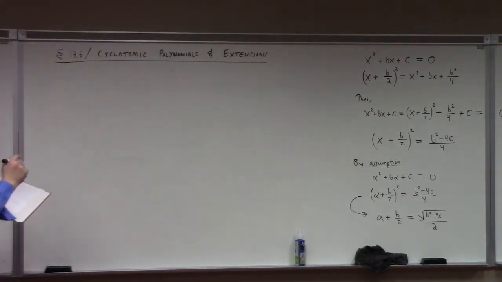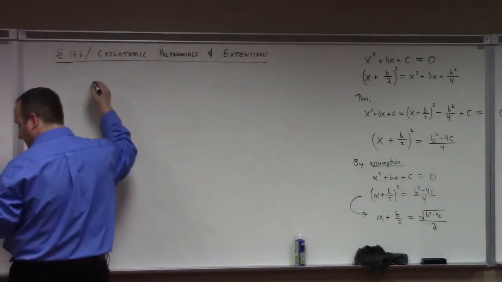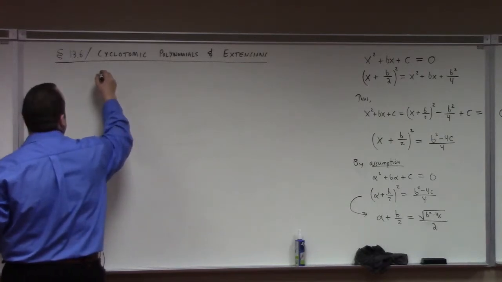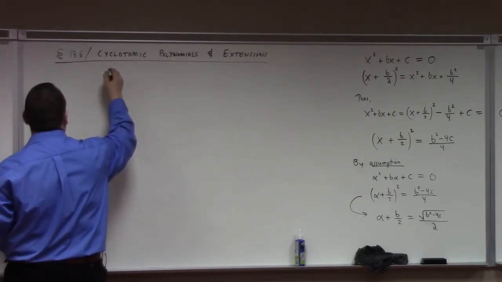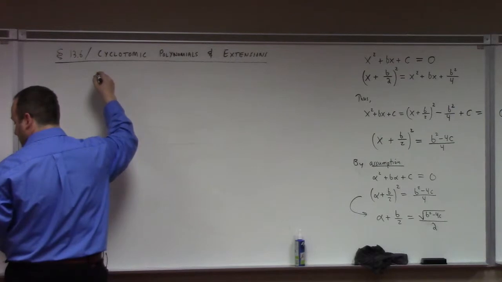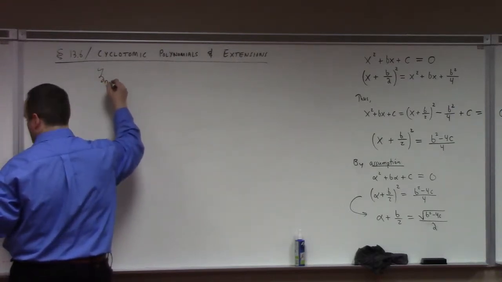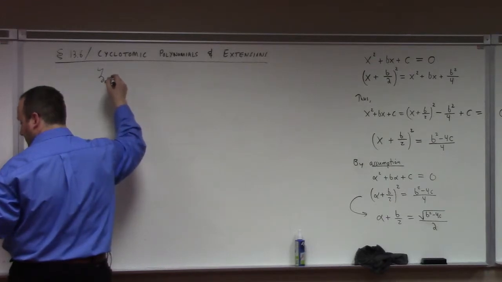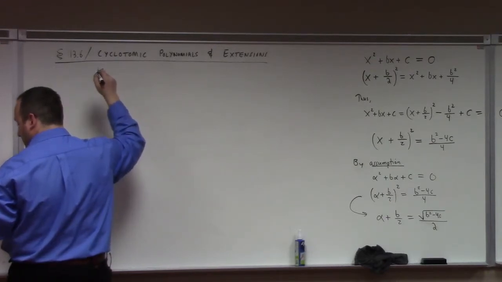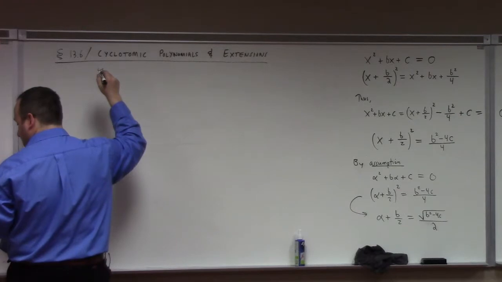Cyclotomic polynomials and extensions. So first of all, let's recall nth roots of unity, right? Let's see here, zeta n is what? Is that a specific thing?